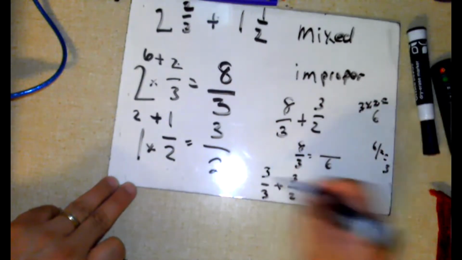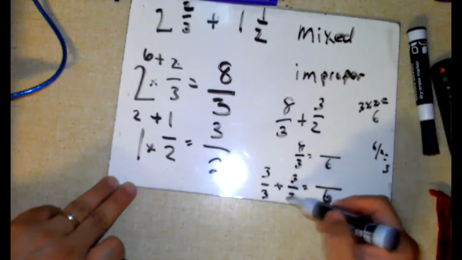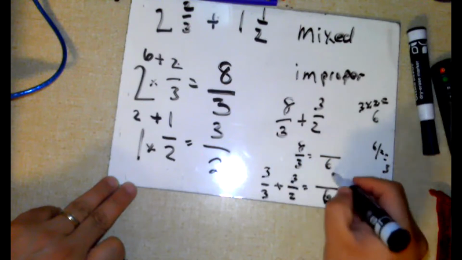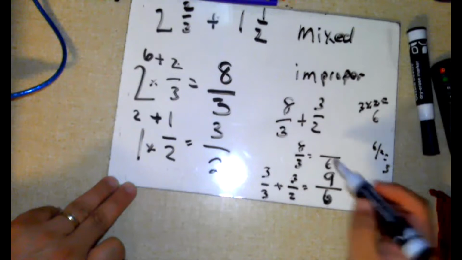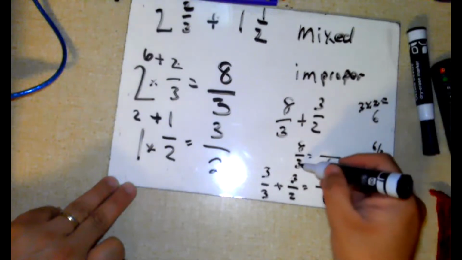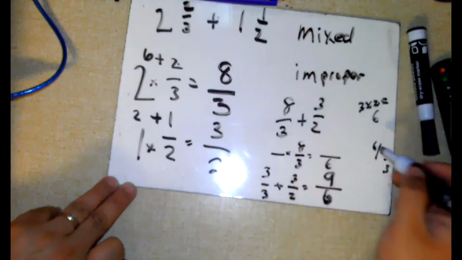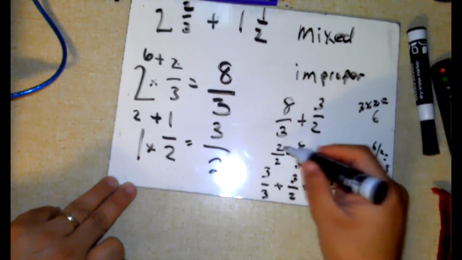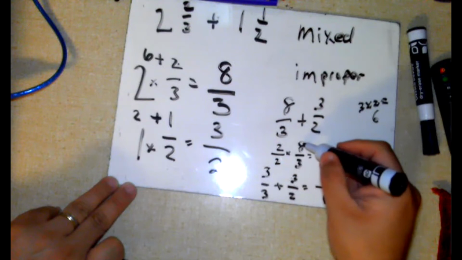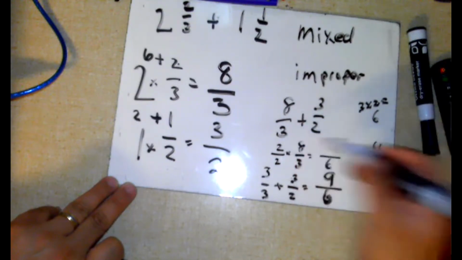So 3 times 2 equals 6, and 3 times 3 equals 9. So I got 9/6 here. Okay. And then what do I multiply 3 by to get to 6? Well, 6 divided by 3 equals 2. What I do to the denominator, I do to the numerator. So 3 times 2 equals 6, 2 times 8 equals 16.